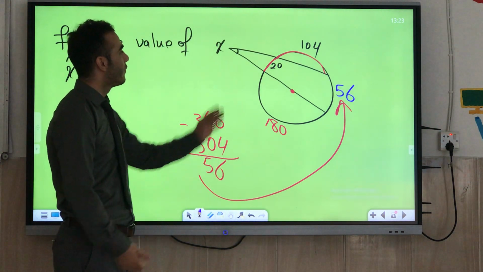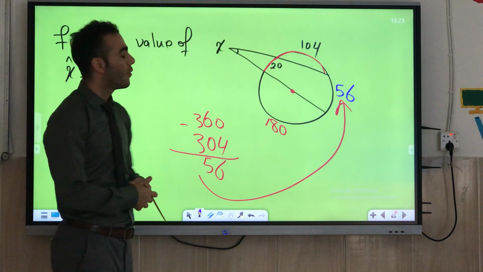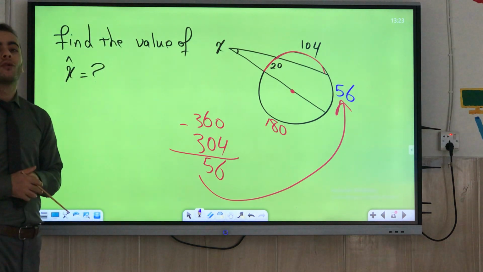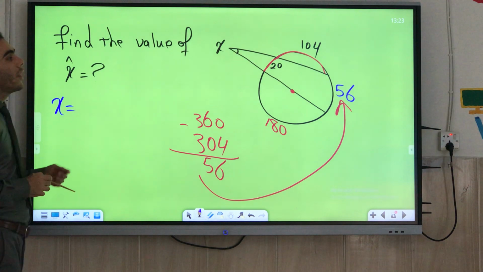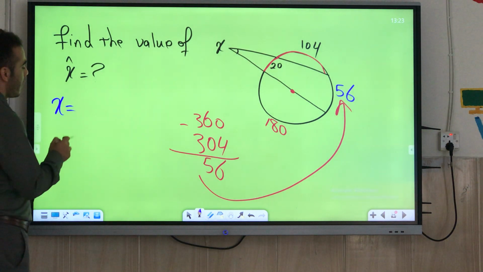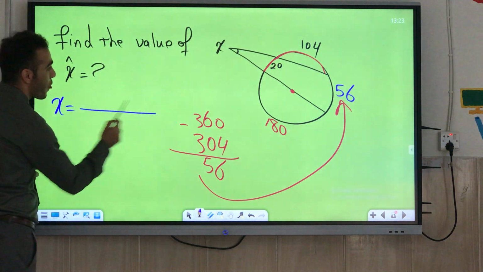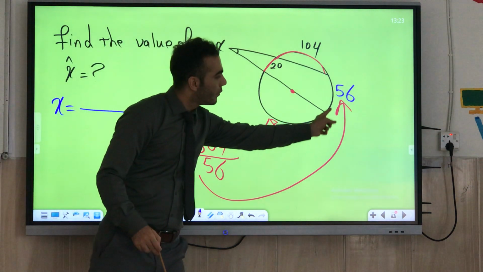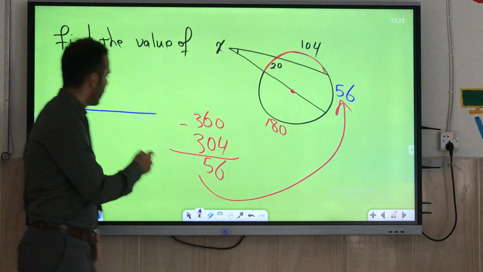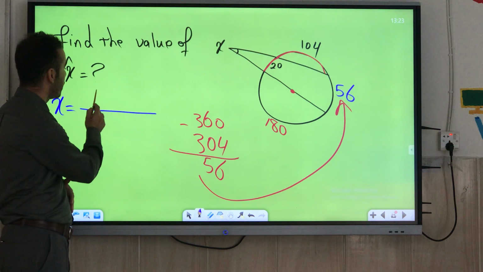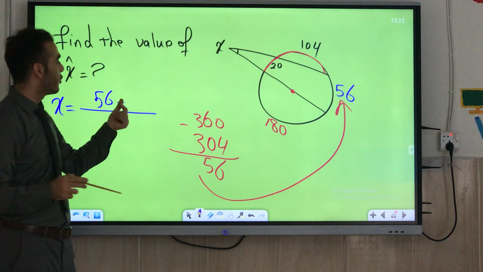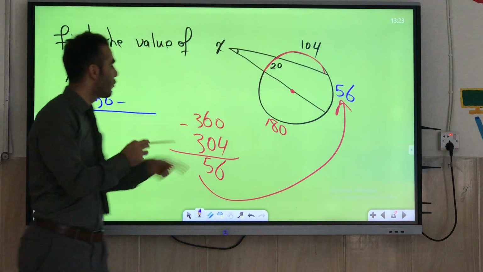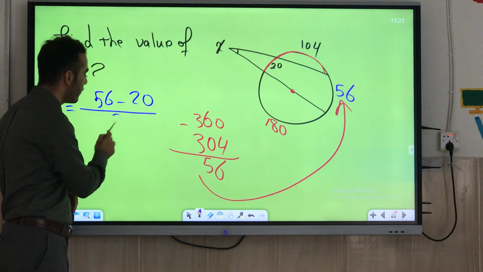Now we can easily find x by the exterior chords theorem. It says that if we have an exterior angle, it is equal to the bigger arc, which is 56, minus, remember exterior was minus, the smaller one, which is 20, and then divided by 2.